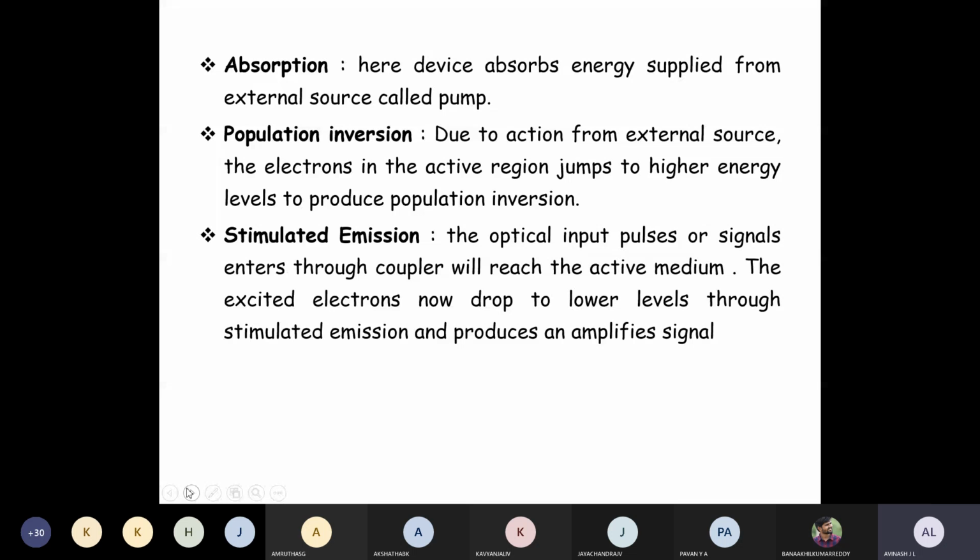First, absorption. What do you mean by absorption? Here the device absorbs energy supplied from an external source, which is called the pump. Wherever a pump is used, for example, in your day-to-day life you use a water pump.